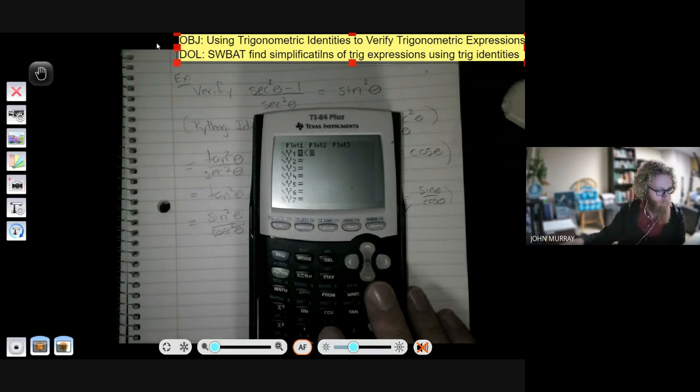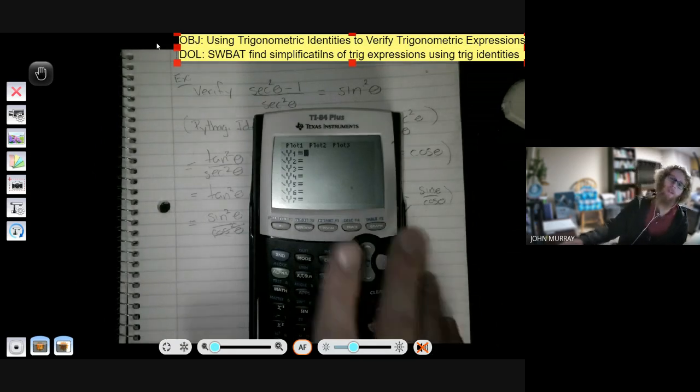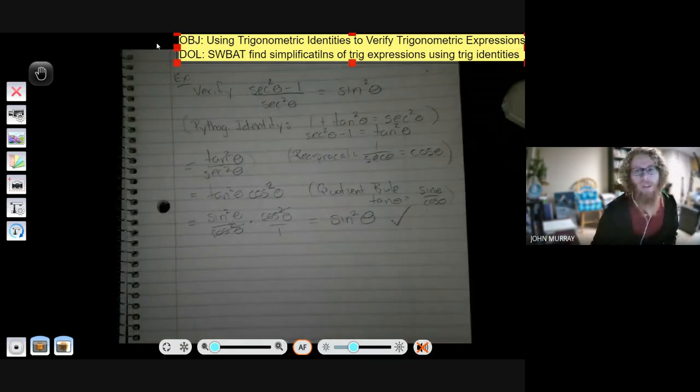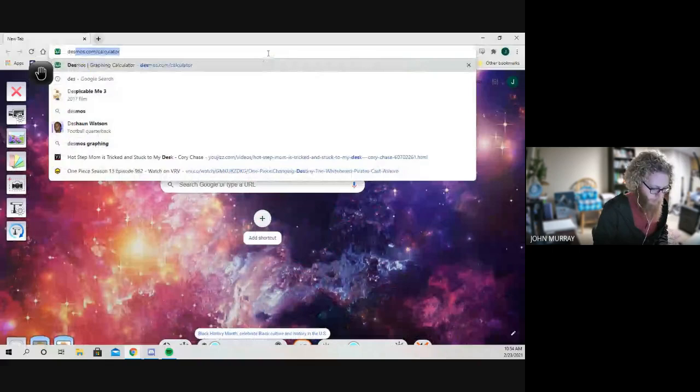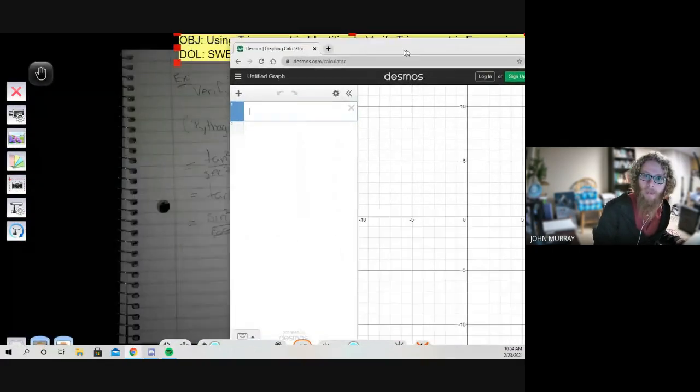Actually, that would be a lot of work with this. So I'm going to use Desmos because there's no secant button on the calculator.